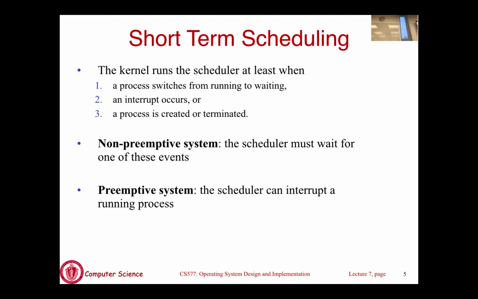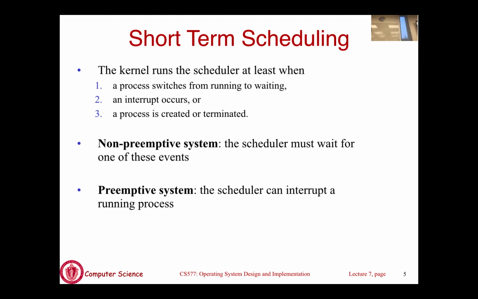Whenever a process runs, it is given a fixed time quantum, the amount of time slice you have. It can use its entire time slice, at which point it is preempted and something else gets to run. So, in preemptive scheduling, in addition to those three things that cause the CPU scheduler to run, there is a fourth event, which is quantum expired. When the quantum expires, the scheduler will also run and decide what gets to run next. Is this clear?